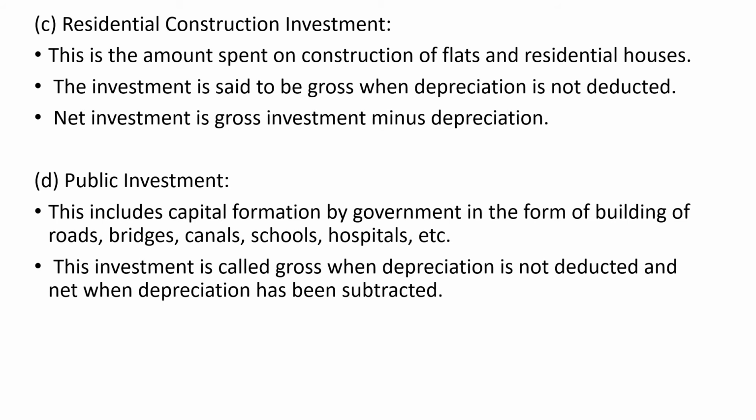Fourth is public investment, which includes the capital formation by the government in the form of buildings, roads, bridges, etc. This is gross when depreciation is not deducted, and it becomes net when depreciation has been subtracted. Okay, if you subtract net from gross, what you get is depreciation, right?